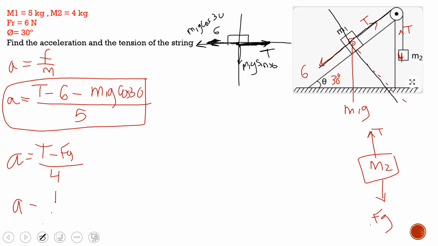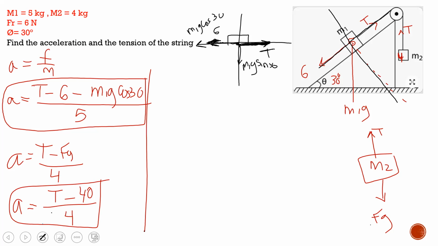So a is T minus the gravitational force, which is 4 times 10, which is 40, over 4. This is our second equation. So from the second equation we can write 4a equals T minus 40. So T is 4a plus 40.